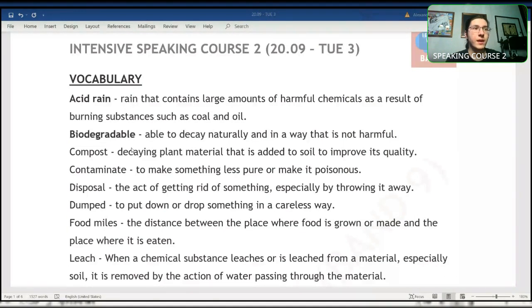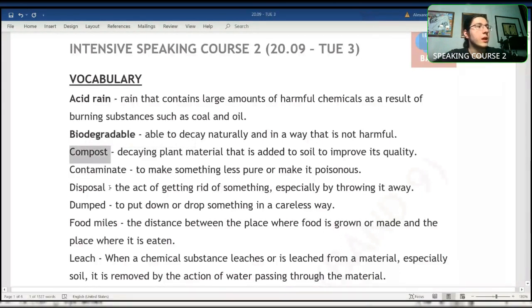So, for example, if you make a piece of paper and then you throw it into the forest, then after some time the piece of paper will disappear. The insects will eat it, and it's degradable. Paper is degradable. But if you take a plastic bottle, nothing in the environment eats the plastic. No bacteria, no nothing. So basically biodegradable means that the environment can take it away.